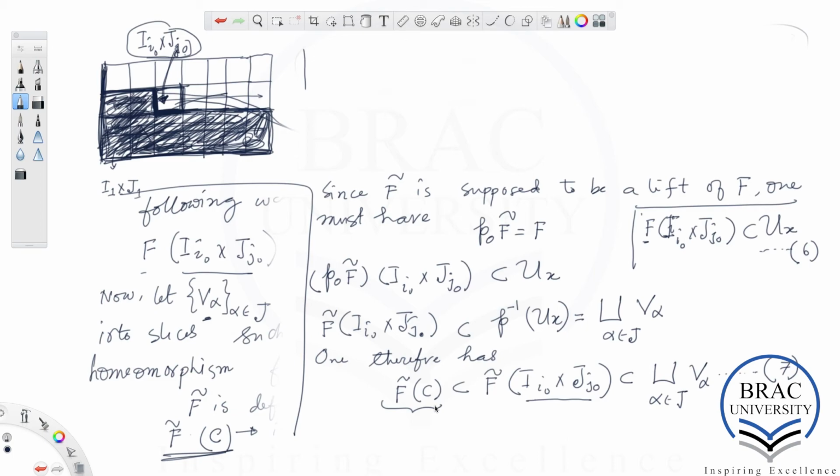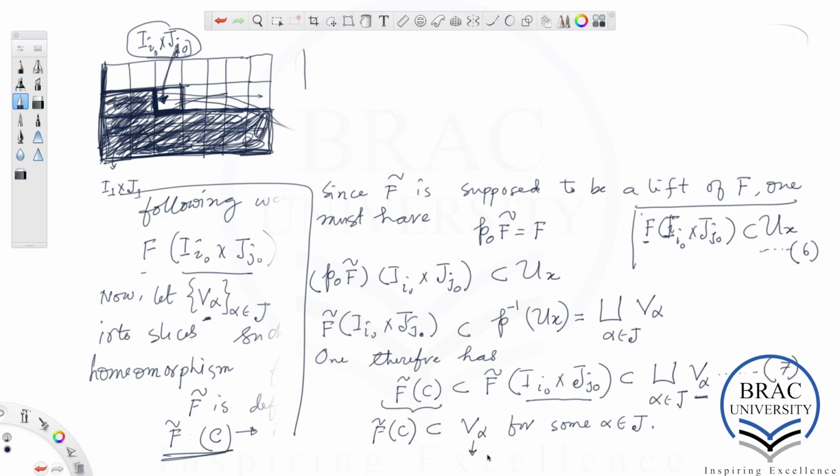So since these V alphas are pairwise disjoint, this f tilde of C should be contained entirely in one of those V alphas. That's what we write here: f tilde of C is contained in V alpha for some alpha in J. Let us denote this unique V alpha as V0.